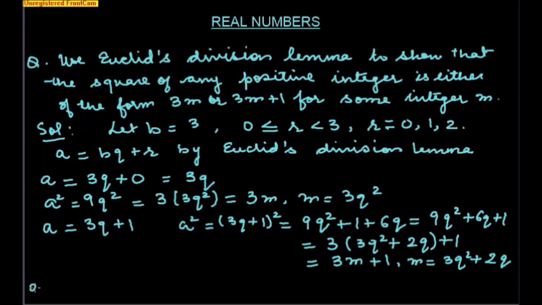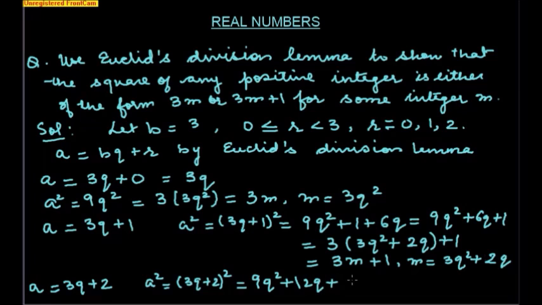Now I take the third case where a is equal to 3q plus 2. Again I square it, so I get 3q plus 2 whole square. When you square this, I get 9q square plus 12q plus 4.